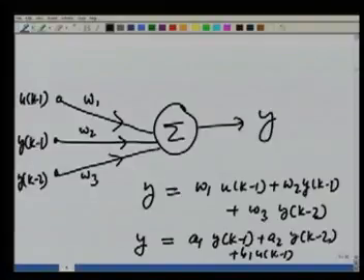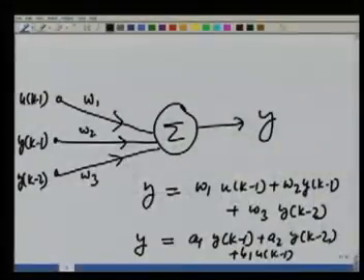So, what do I do? I keep this model sitting in my computer, and to the computer I feed this data uk minus 1, yk minus 1, yk minus 2 at every instant. And what is the actual output of the system? Y, given yk minus 1, yk minus 2, uk minus 1.